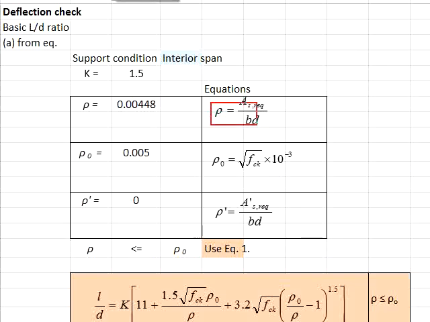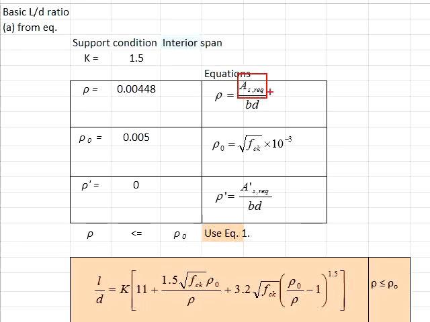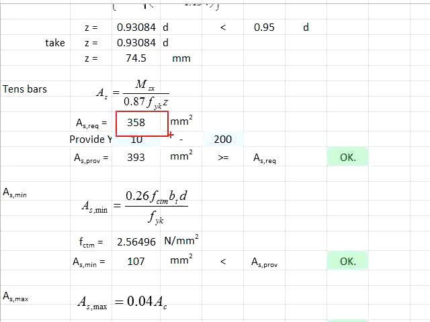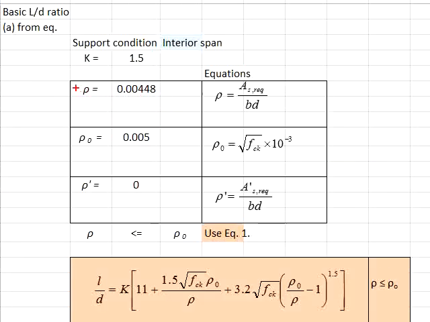Now you need to determine rho and rho naught. Rho is calculated by As required divided by bd. The b is 1 meter width, the d is 80 mm. The As required is 358, as calculated previously, and you get the value of rho.